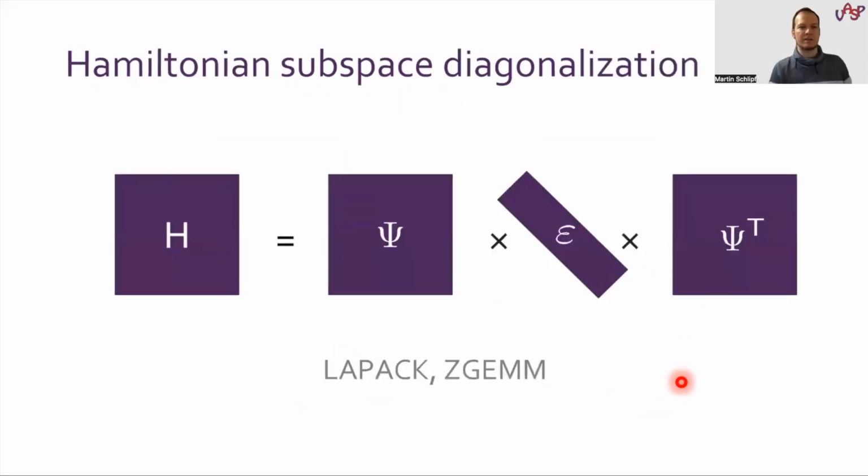And another step is that we want the eigenvalues of these orbitals. For this, we need to do a matrix diagonalization. So essentially, we go from the Hamiltonian expressed in these orbitals, diagonalizing all these orbitals, and we get the eigenvalues and the eigenvectors. And again, to do so, we need LAPACK calls and matrix-matrix multiplications. So let's now look at the computational cost of these different tasks that we have to do.